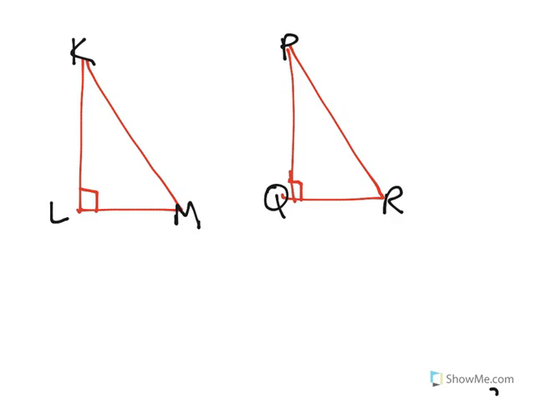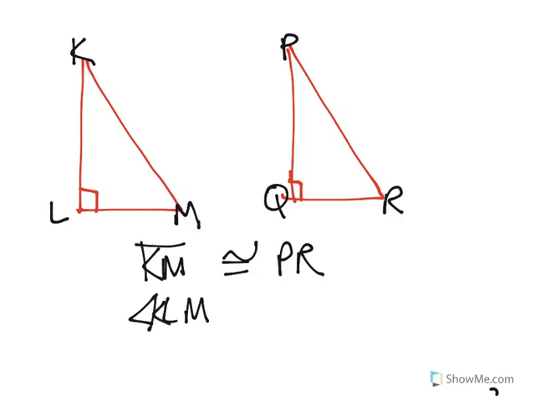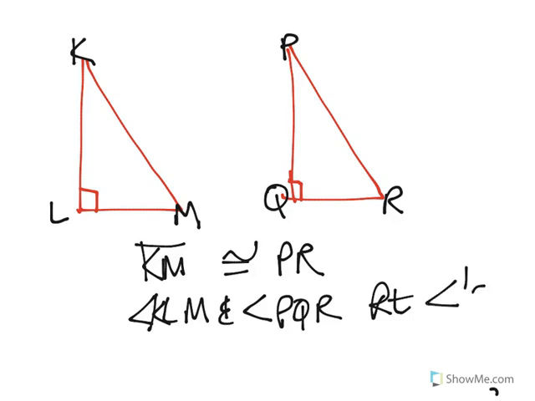Okay, suppose I give you these two triangles and I tell you that KM is congruent with PR. And then I tell you that angle KLM and angle PQR are right angles, which I already had those marked in there for you, but let's just say I give you those two things.